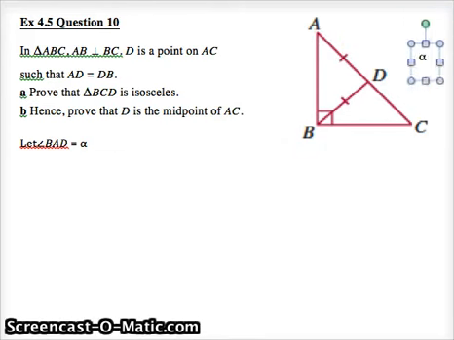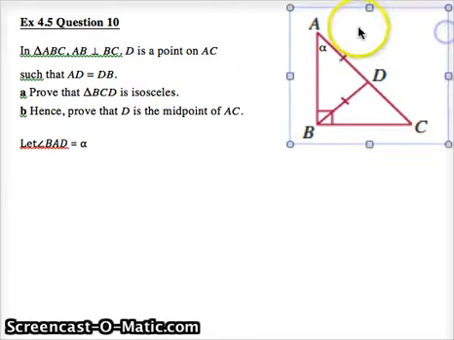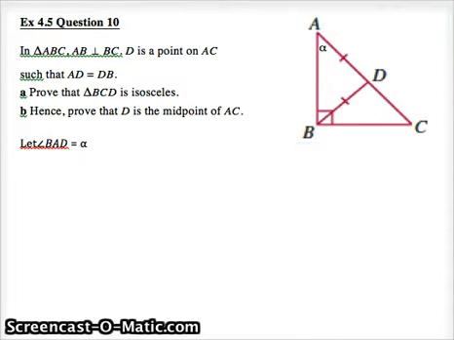So this angle here, angle BAD, is equal to alpha. So you should just put that in on your diagram. Now, because we know that AD equals DB, it's an isosceles triangle, therefore angle ABD will also equal alpha, and the reason will be base angles of isosceles triangles. So we'll just write that down as well.